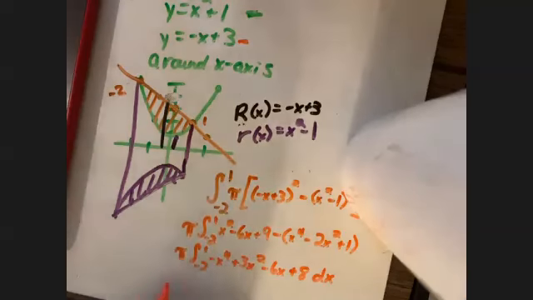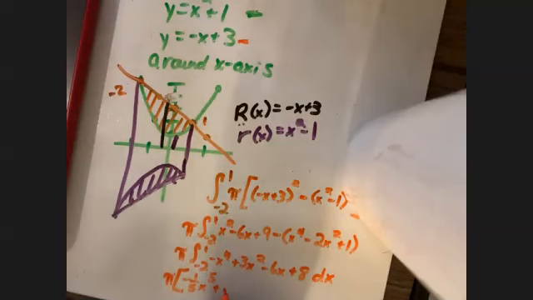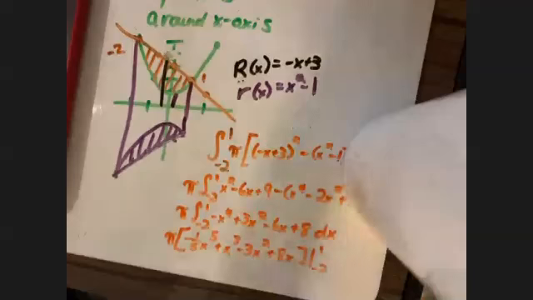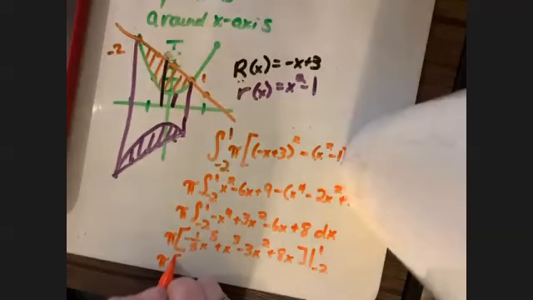Okay, so now we've got pi against negative 1/5 x to the 5th plus x cubed minus 3x squared plus 8x evaluated from -2 to 1. And again, I'm going to use a calculator here to help me out.